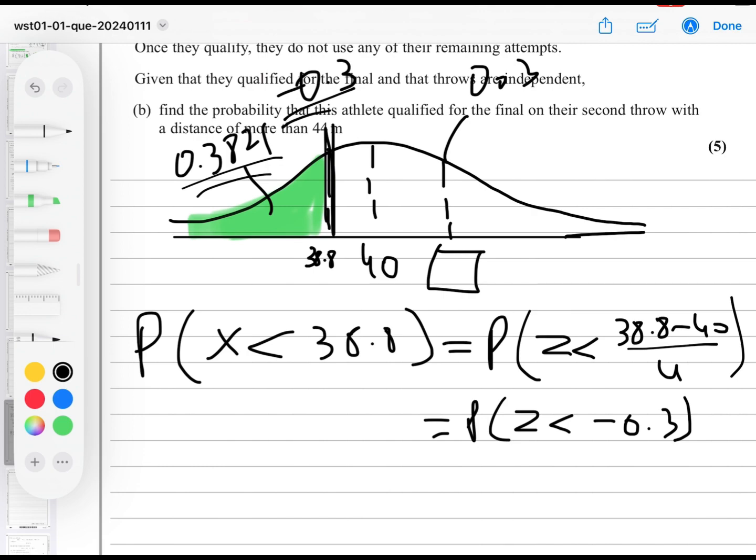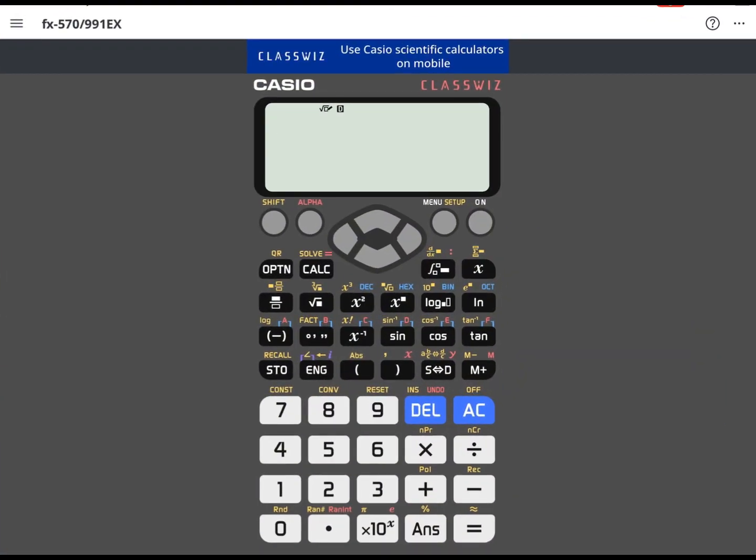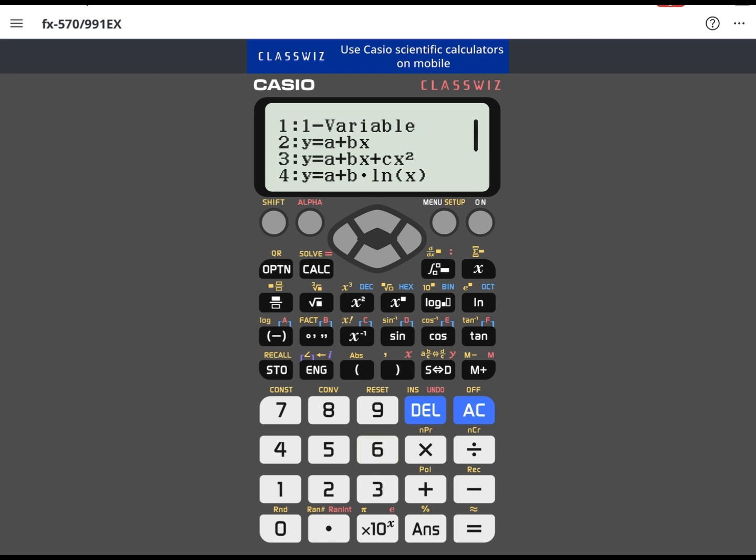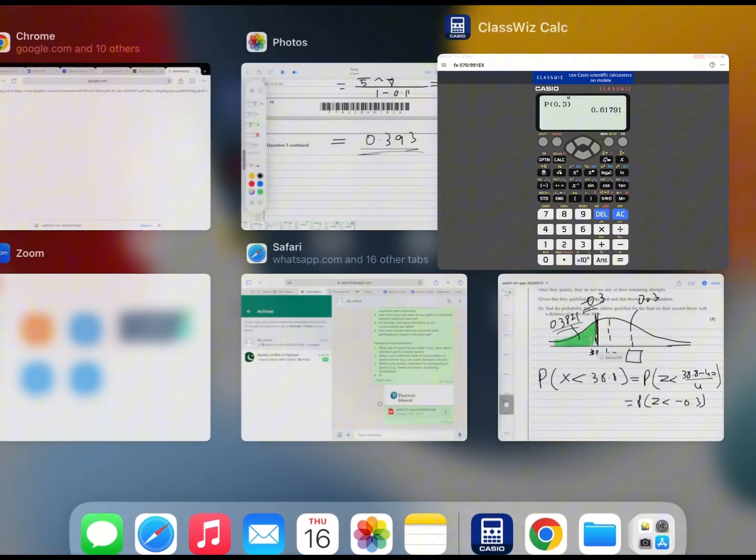I have the z-score with me, so pressing menu, then 6, then the first one, then AC, then option, and the 4th one below, the 1, then 0.3, there you go, and I have 0.6179. 0.6179 is the area.